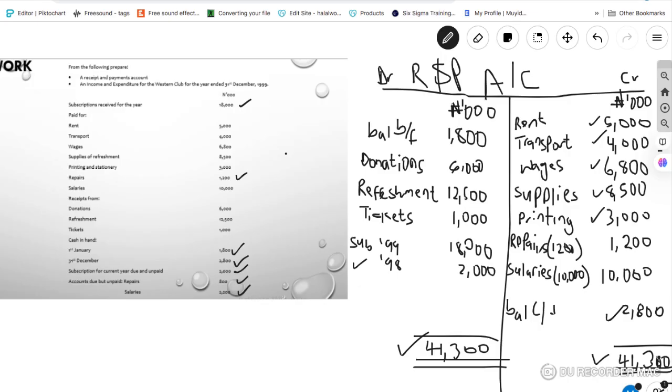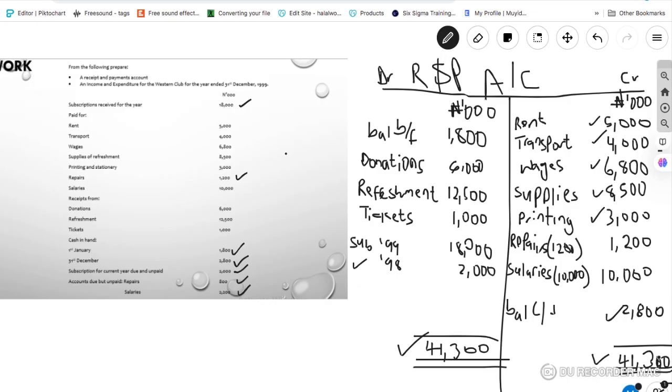Because I know that the concept says that for anything that has to do with receipt and payment account, because it involves cash, any form of accruals or prepayments will never be considered. That is why I've been able to see that this is an error and it has to be taken off. So by doing this, you need to familiarize yourself with all the concepts that guide all these accounting transactions.